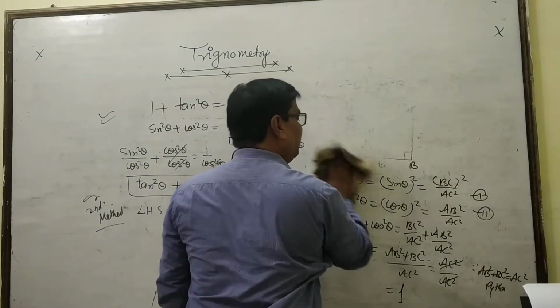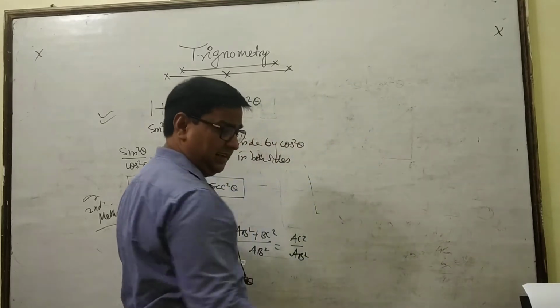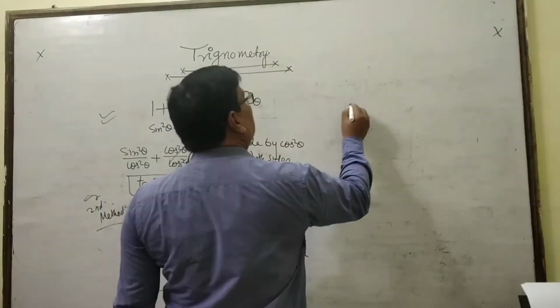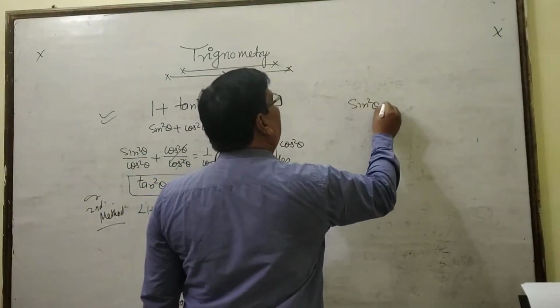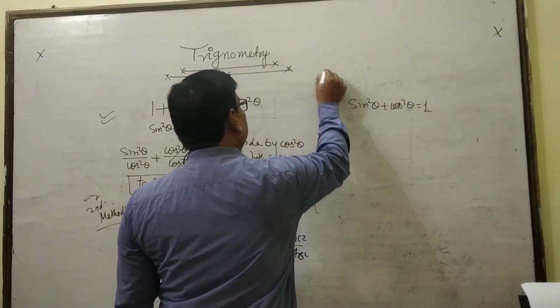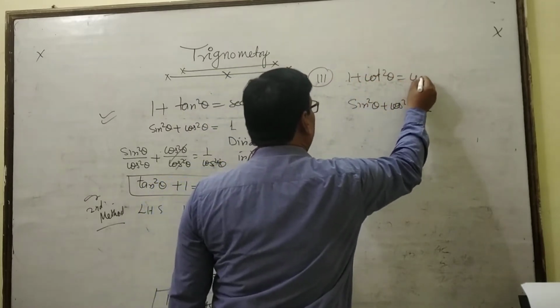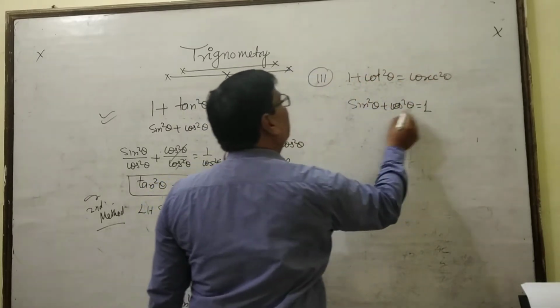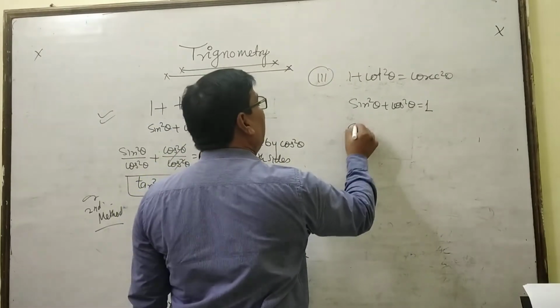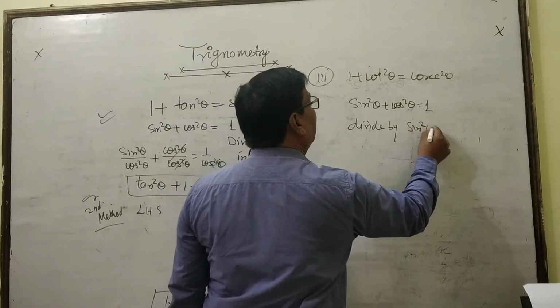Similarly, you can derive the third one by dividing by sine square theta. Now look here, sine square theta plus cos square theta is equal to 1. The third one is 1 plus cot square theta is equal to cosec square theta. Divide by sine square theta.